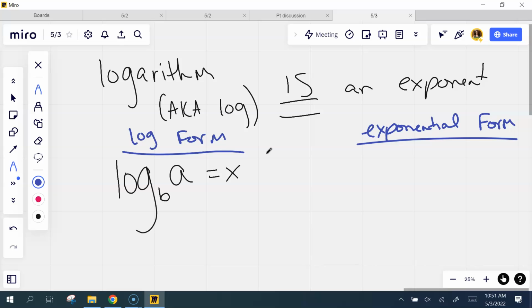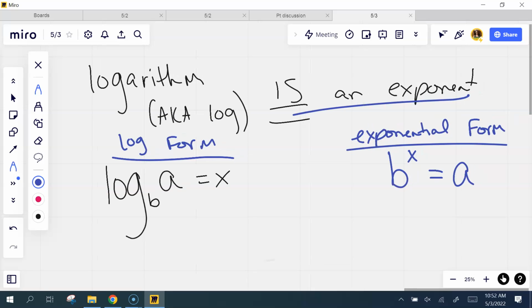B. Do you see that? And the exponent here is going to be whatever the log equals. So b to the x. Now this is going to equal, what's the only variable left? a. So this is how we switch forms.